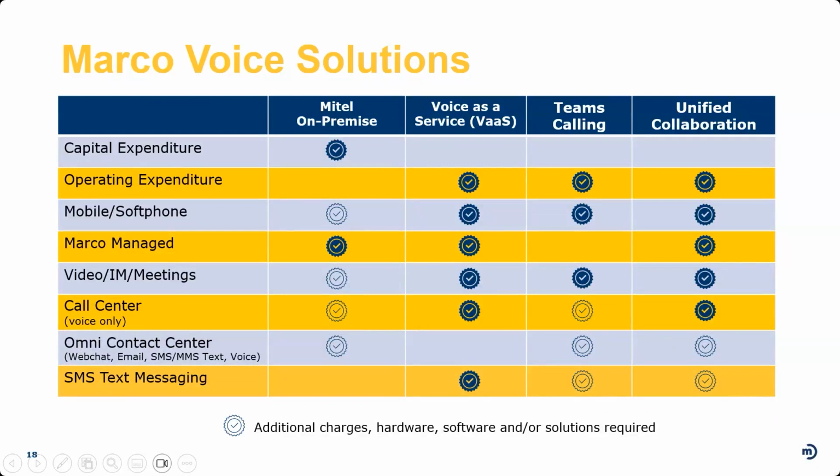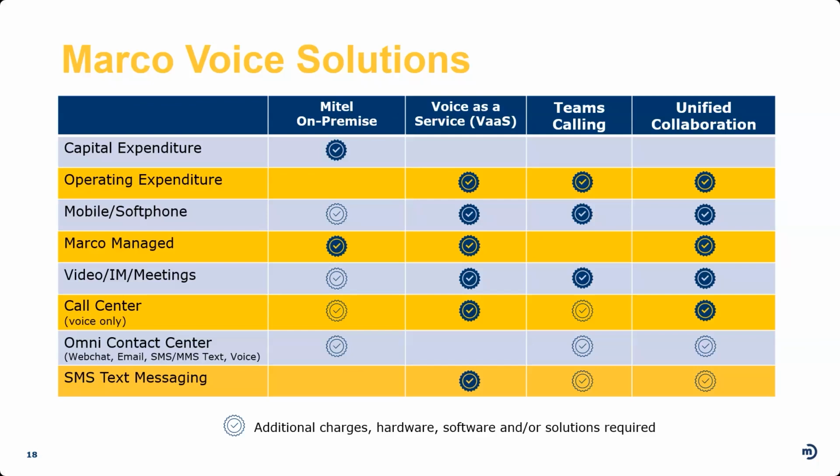So I'll run through this slide here real quick. We've been talking about unified collaboration today. We did want to remind everybody that we do more than just unified collaboration. So we do have Mitel on-premise solutions still available. Voice as a service, or VAS as we call it internally, is still one of our really good go-to cloud-based solutions, and also Teams calling. So we talked a lot today about unified collaboration, and that question asked earlier, what if this isn't a fit, or maybe there's something that it doesn't quite do?